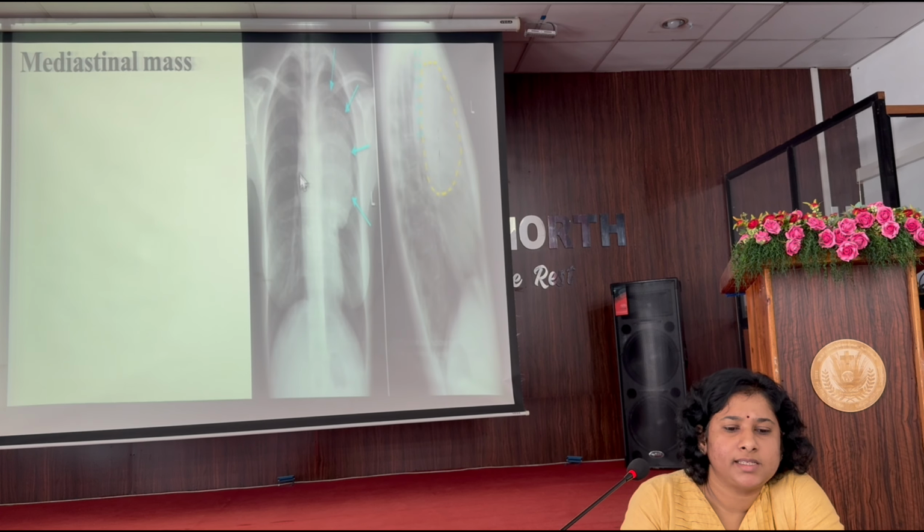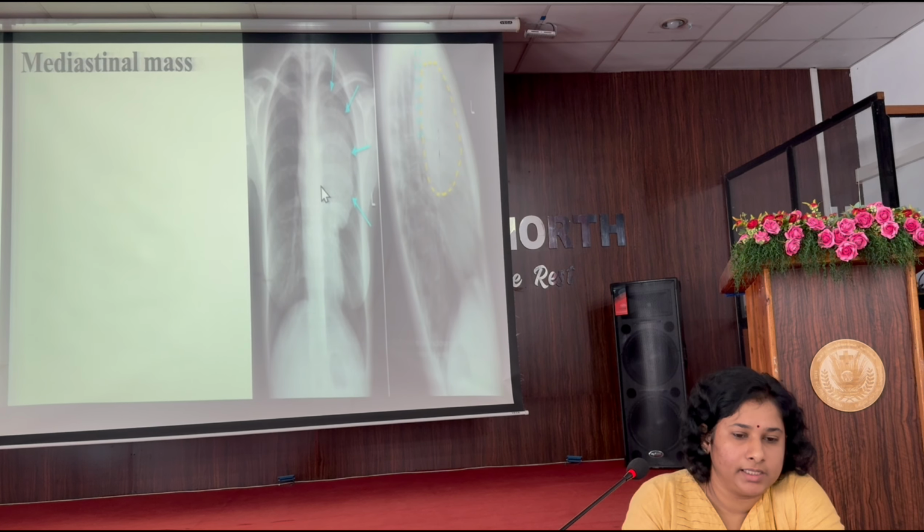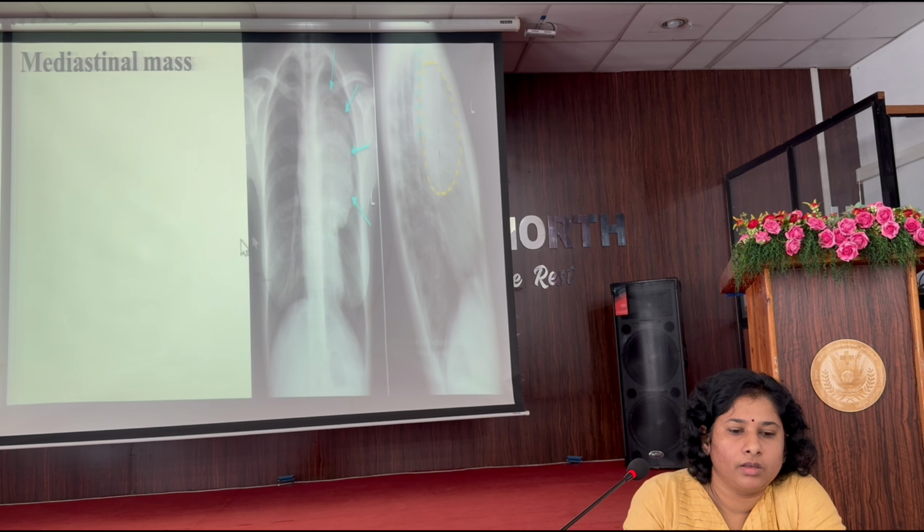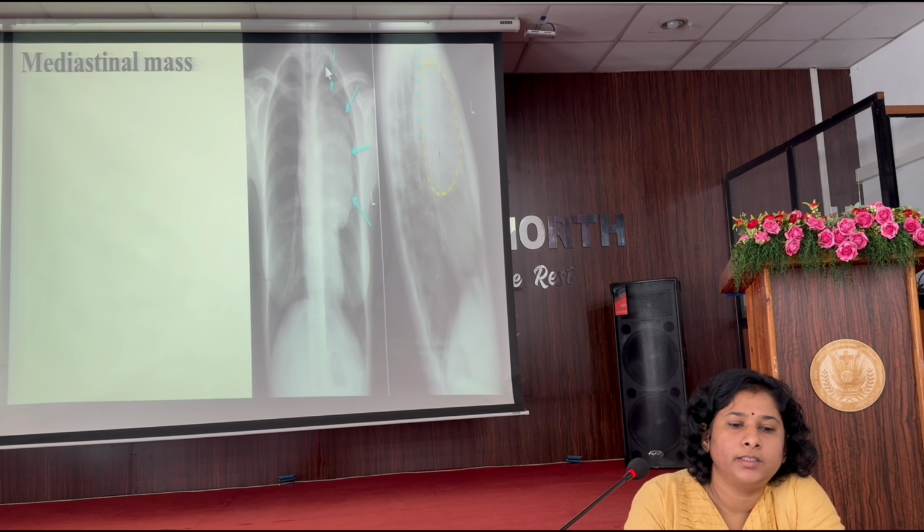So in an anterior mediastinal mass, you can see the hilum very clearly. Again, in the posterior mediastinal mass also, you can see the hilum clearly. But the posterior mediastinal mass will go beyond the clavicle. That is one indication of a posterior mediastinal mass.